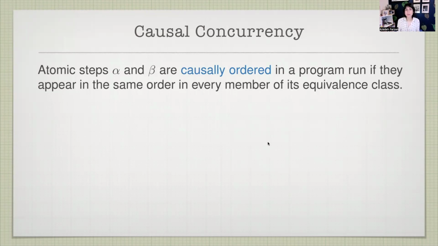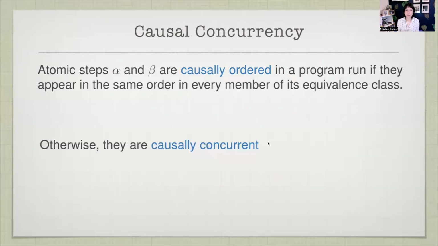And of course, if two atomic steps are not declared causally ordered, they would be declared the dual notion. They're complementary. They're called causally concurrent, which means that their respective order does not really impact the behavior of the run, the outcome of the run.